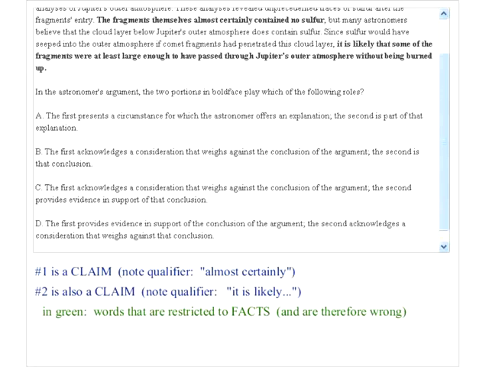So tell you what, let's put this out to you guys. Do you see any words in these answer choices that have to be facts? If you do, go ahead and type them into the text box. Yeah, evidence. Evidence is in there twice.